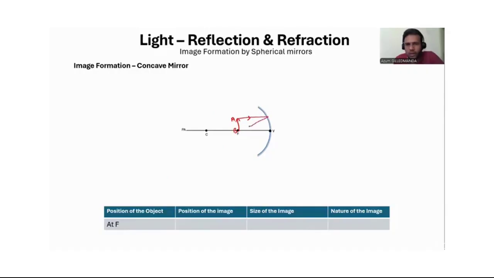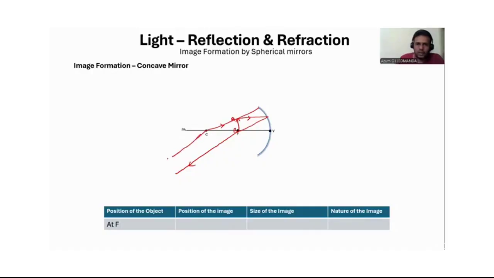What happens if I pass a parallel ray? It has to pass through the principal focus when a parallel ray is incident onto the mirror. Now, if a ray is incident from the center, what will happen?